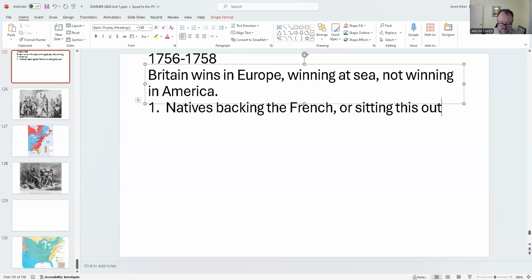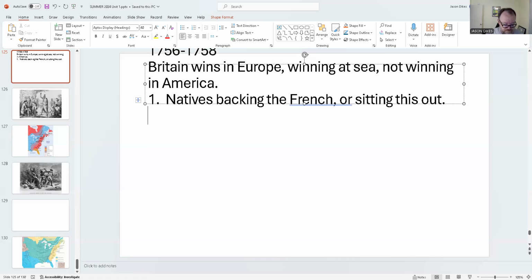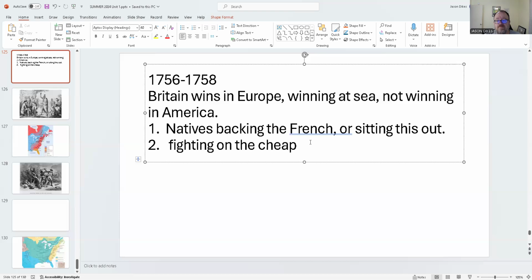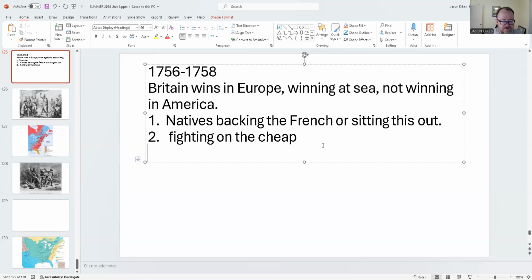So the British have no native allies. And the British are also trying to fight the war on the cheap. So they're not spending the kind of money that's necessary to prosecute the war in North America. But the big problem, yeah, up here, natives are simply backing the French or simply sitting this one out. Things begin to change in 1758.